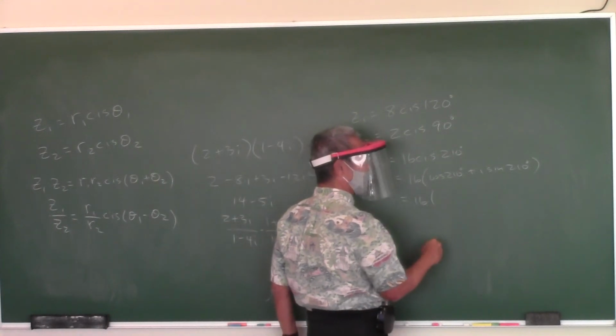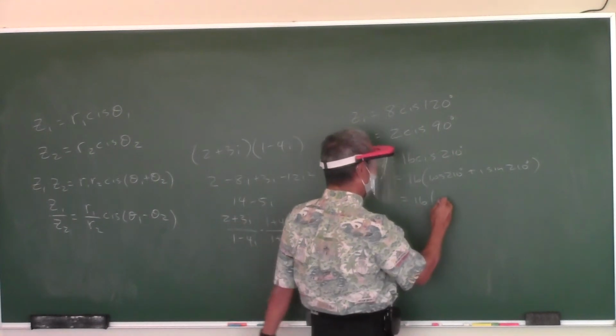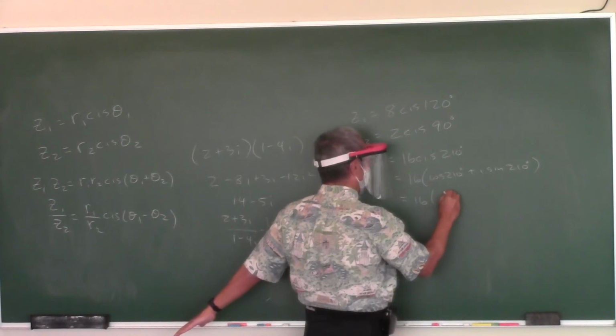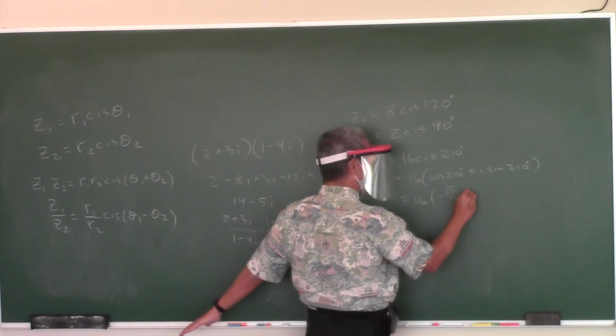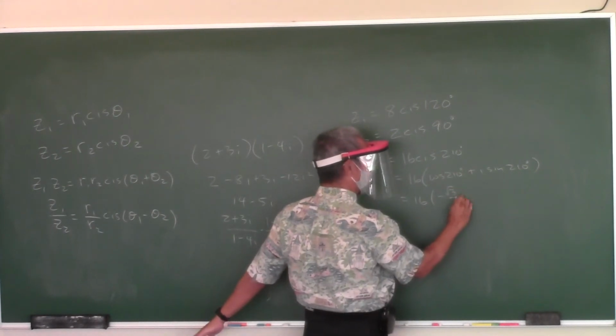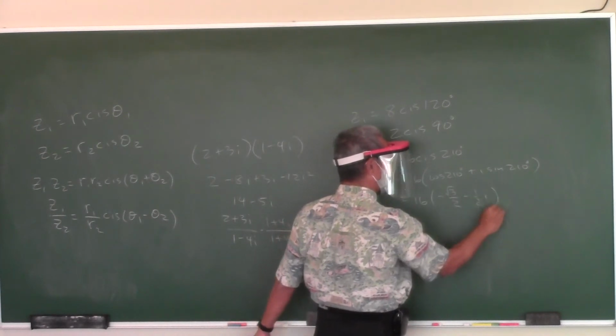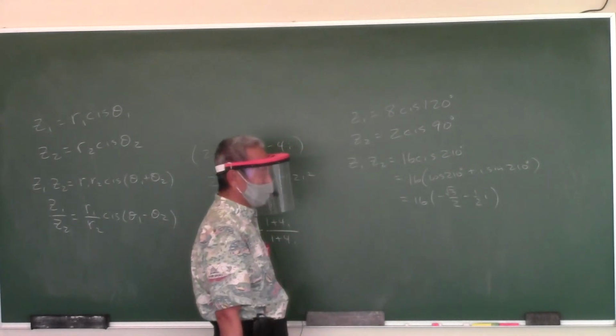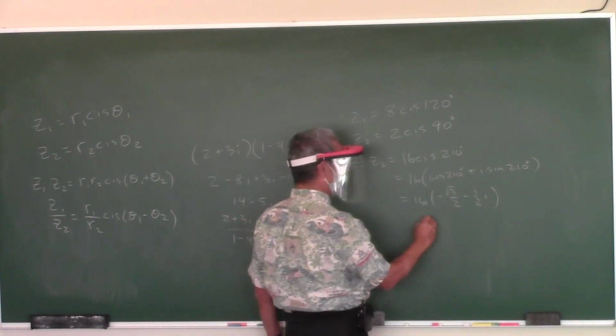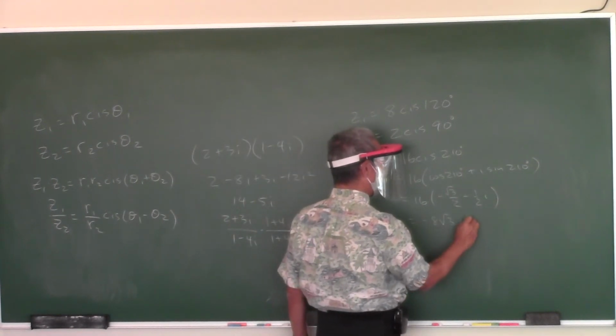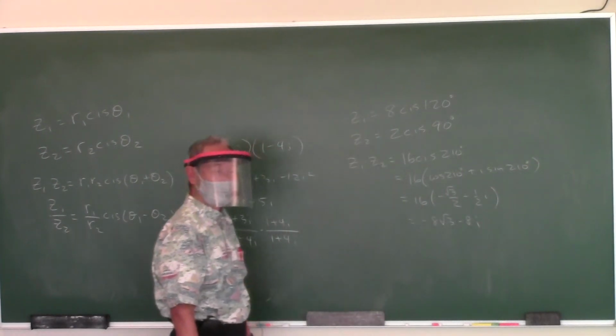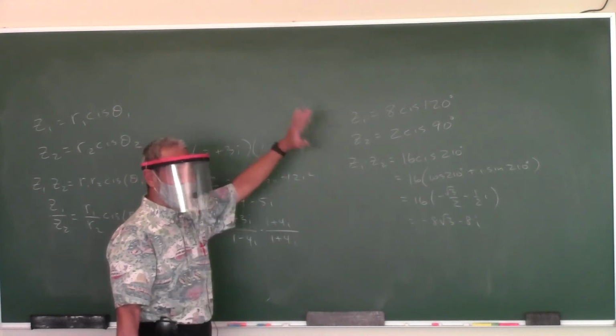What is the cosine of 210 degrees? Okay, I'll just do all the work then. What is the sine of 210 degrees? Negative half. The i goes on the second one. Distribute the 16 and you get negative 8 root 3 minus 8i. There's your answer. I guarantee that these problems are all on the test.